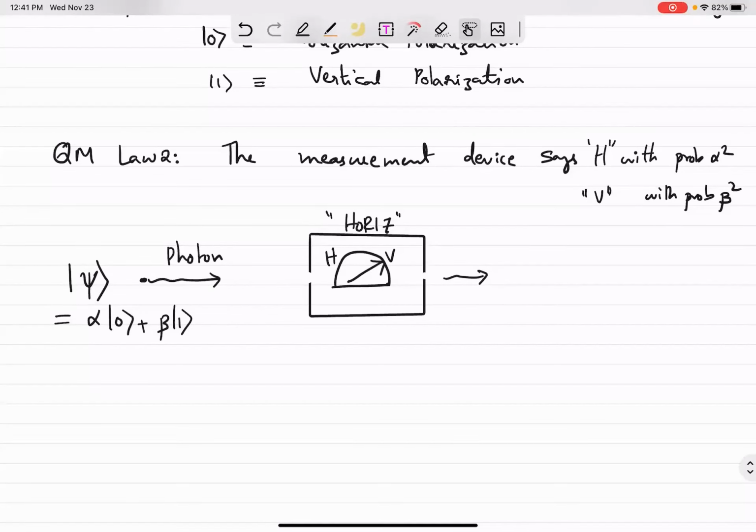So what comes out is actually going to be just the 0 state with probability alpha squared and 1 with probability beta squared.